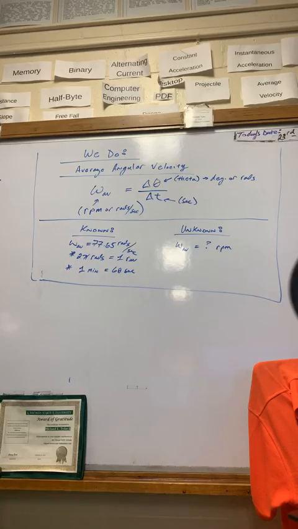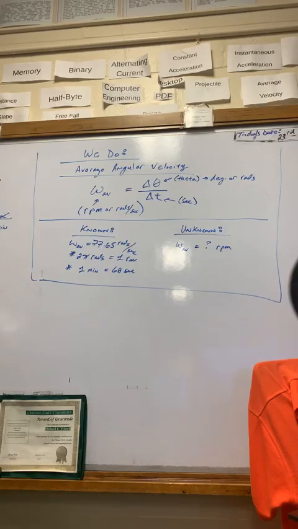All right, now, we want to cancel out rads. So we're going to say 2 pi rads over 1 rev. We can cross out rads. And keep moving. We need to get rid of seconds and put in minutes. So we know 60 seconds is equivalent to 1 minute. We're going to cross that out.